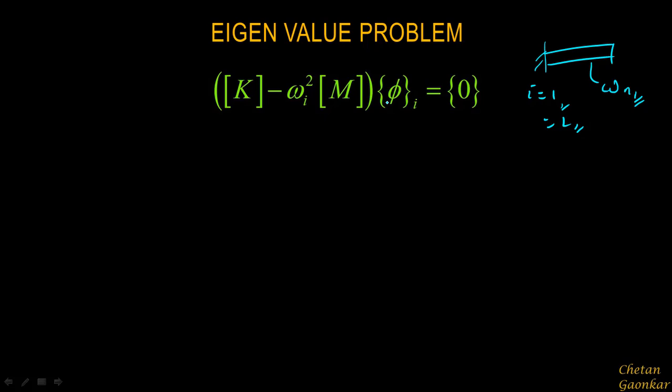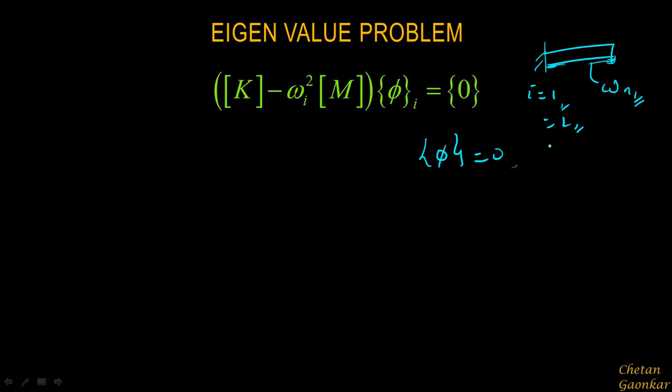But when we want to solve this eigenvalue problem, the trivial solution would be what? The trivial solution would be directly substituting the mode shape as 0. That is, we can assume that there is no motion. The structure will not respond at all. So in that case, we can say that phi is 0.